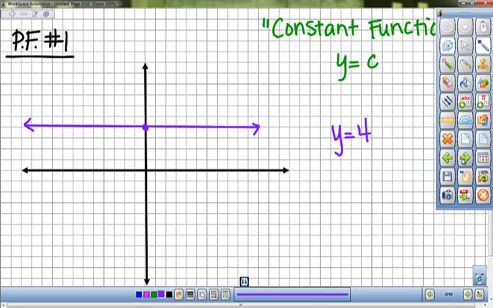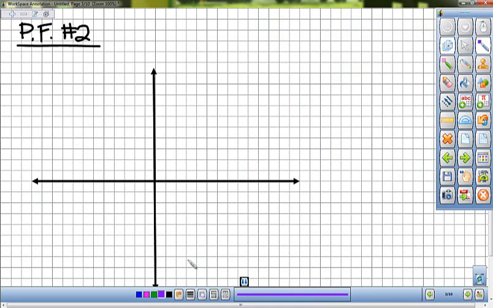Okay? The next one we're going to talk about is our identity function. Some of you probably know it as the linear function. And that is our other pretty basic one. And it's just y equals x. Okay, there's no y-intercept here.